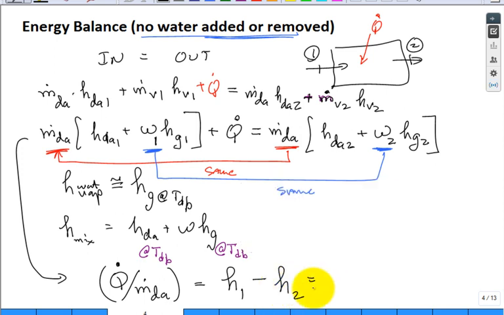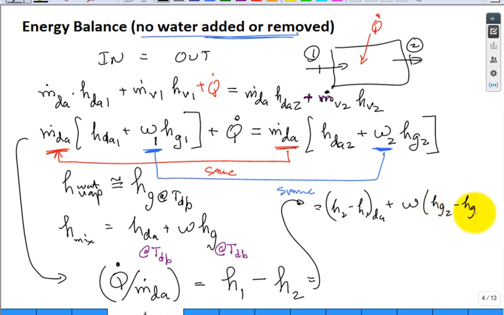Let me try and write it a couple ways here. This would be equal to the enthalpy of the dry air at the exit minus the enthalpy at the inlet of the dry air, plus, we said the omegas, the humidity ratio, doesn't change, times H of G2 minus H of G1.